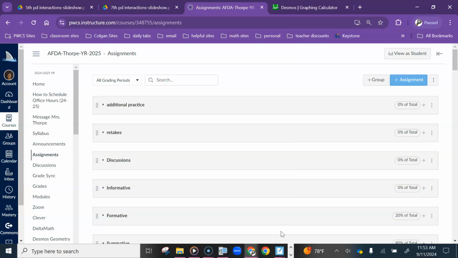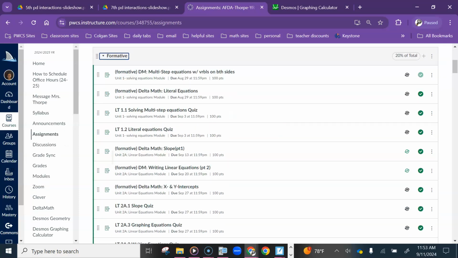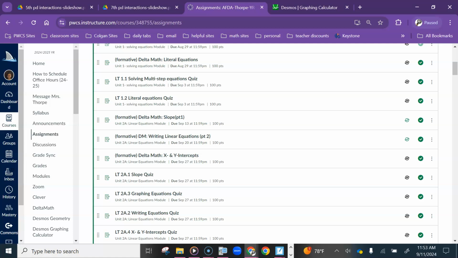I want to say the one for today is formative, so find that one. It'll say slope part 1. Keep scrolling for what says formative, and then find the one that says Delta Math slope part 1.